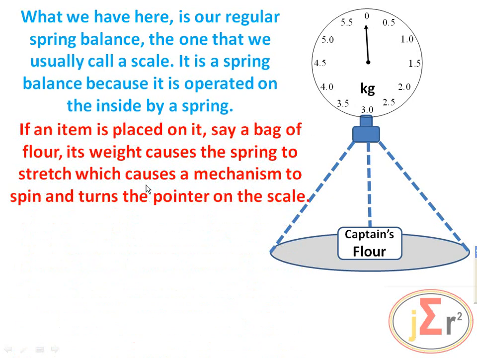If an item is placed on it, say a bag of flour, its weight causes the spring to stretch, which causes a mechanism to spin and turns the pointer and the scale. So what we do is we put the flour on the pan, and what will happen is that the weight of the flour will cause the spring to stretch, and the complete mechanism will cause also this to turn.